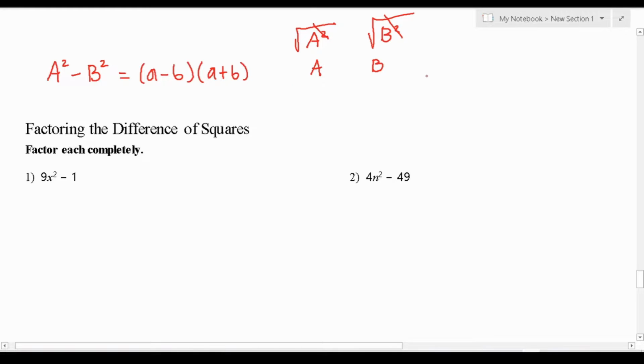That said, if you were given this equation, a squared plus b squared, you would have to recognize that this is now finding the sum of two squares, and as it turns out, this is a prime equation, meaning that it is not factorable. So just by changing that minus to plus, we have an equation that's prime, which means we can't factor it. Okay, so that's one thing to keep in mind.